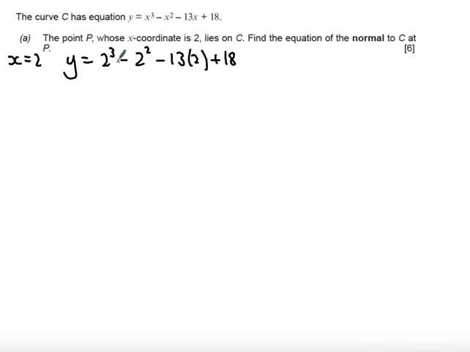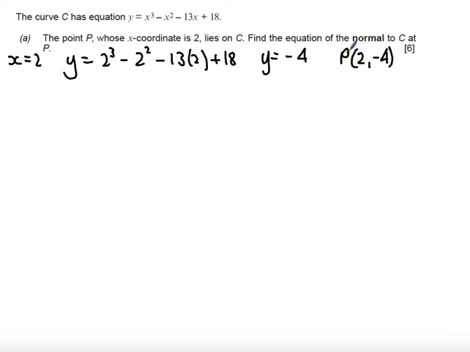Now if we work through this, let's do all the positives. So I get 8 plus 18 is 26. I then get 26 minus 26 and minus 4, which is minus 30. So we get y equals minus 4. And so the coordinate of P is (2, minus 4).